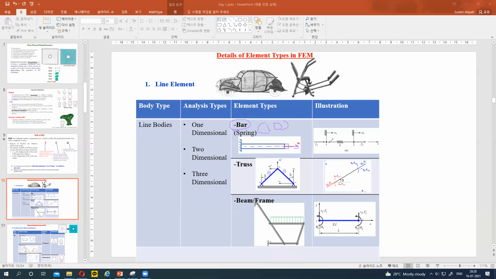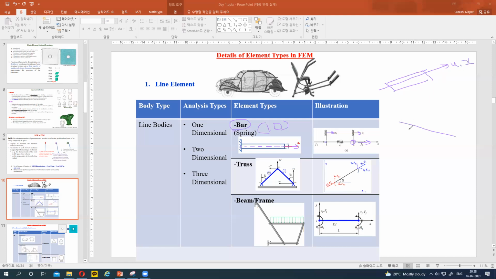In a bar element, at the first node we solve for u1, and at the second node we solve for u2. So at each node there is only 1 degree of freedom, because the force is applied along this direction. The direction may be different. Suppose here the bar is in this direction, we are working in that direction, x is this direction.